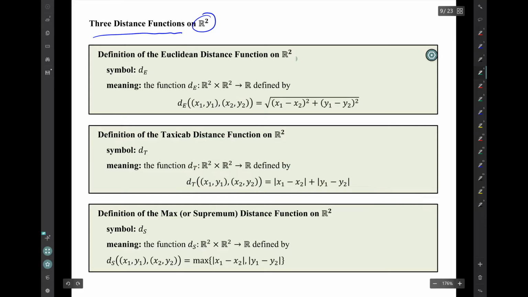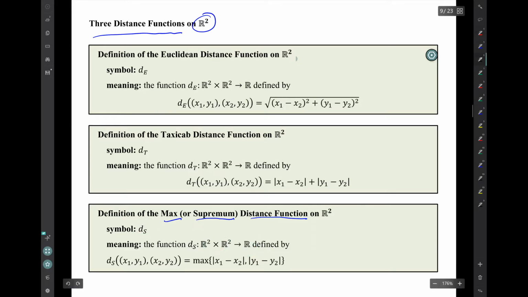And there's a third example that we'll discuss of a distance function on R2 called the max or supremum distance function on R2. It's denoted this way, the letter D with a subscript S for supremum. Again its domain is going to be the set R2 cross R2, so this is a function that takes as input a pair of ordered pairs of real numbers, and its range will be the set of real numbers.